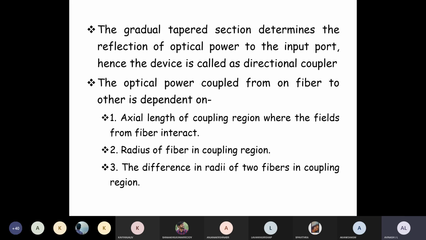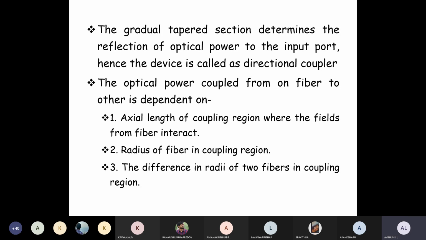The optical power coupled from one fiber to the other is dependent on three factors. The first one is the axial length of the coupling region, where the fields from the fibers interact. The second one is the radius of the fiber in the coupling region. The third is the difference in radii of the two fibers in the coupling region.